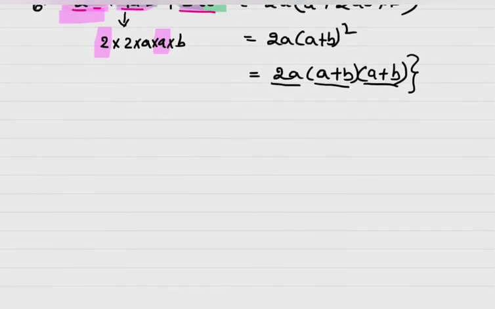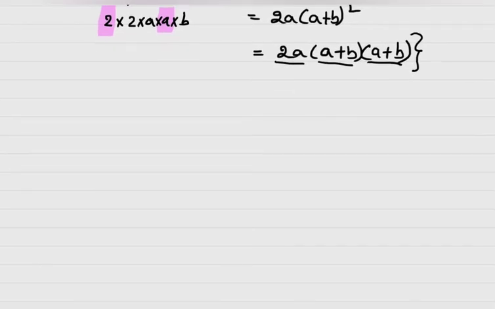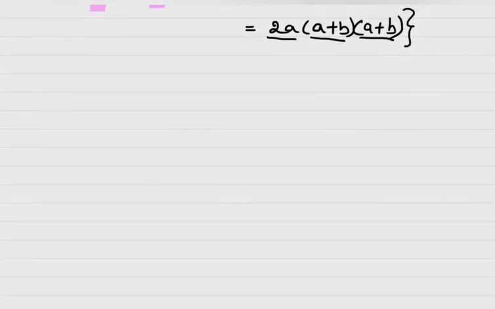Now let's see what is given in question number 7. 50a square plus 98b square plus 140ab.